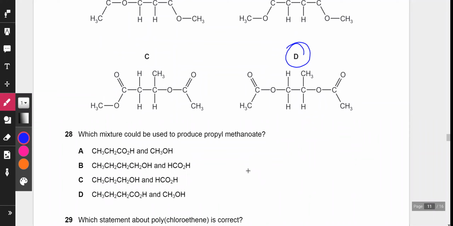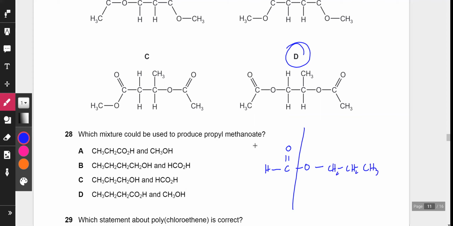Next: which mixture could be used to produce propyl methanoate? So that's an ester as well. Propyl is 3 carbon atoms, and that's the alcohol side. Methanoate is the other side, and that is 1 carbon atom, which is already there. So this is CH2, CH2.